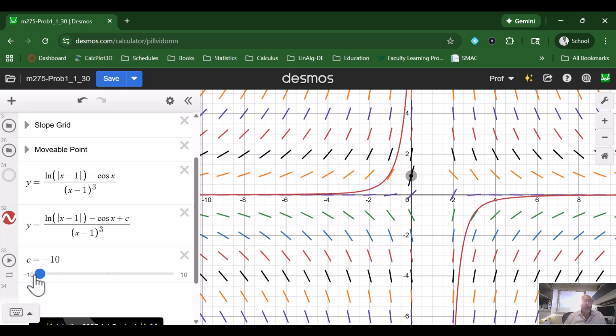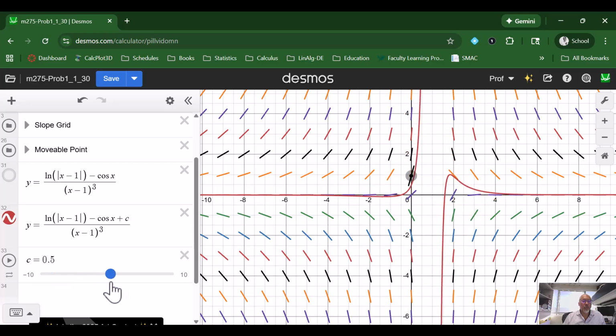When c is equal to something like -10, it looks like just a regular asymptotic rational function, which we know it's not because there's a cosine involved. So that is generally how it looks. That's your general solution for different values of c. But we want in particular c is equal to 0, so we put c is equal to 0. We get this, and this is the solution that we found for c is equal to 0.